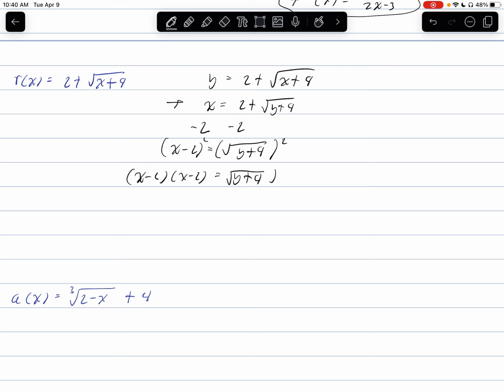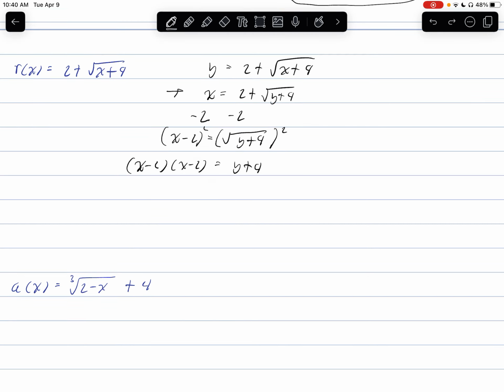Well, the square root of y plus 9 squared is just y plus 9, so we can just leave that as is. If we FOIL this, we'll get x squared minus 2x minus 2x, so minus 4x plus 4 is equal to y plus 9. Then we can take 9 away from both sides.